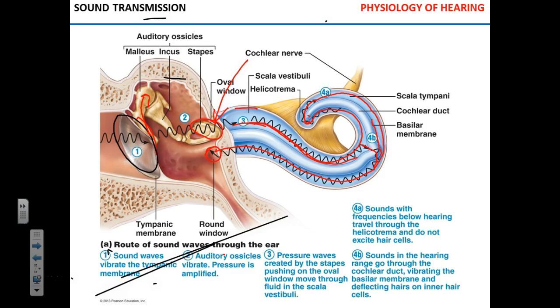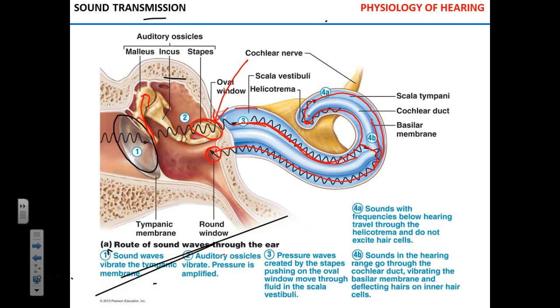So think about this. If sound is in the hearing range, it will go through the vestibular membrane, scala media, into the scala tympani, and as it goes, it will vibrate the basilar membrane. Does that make sense?